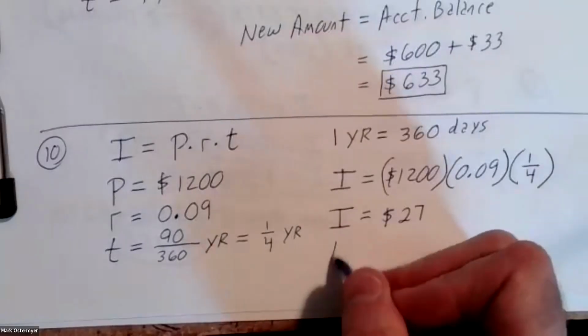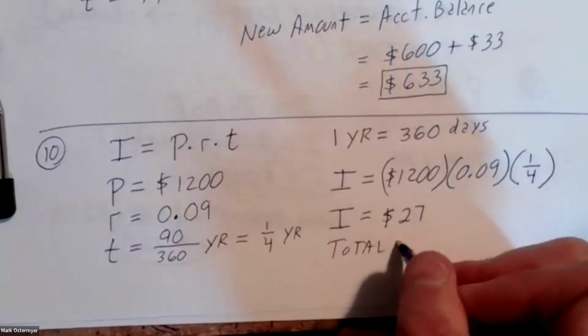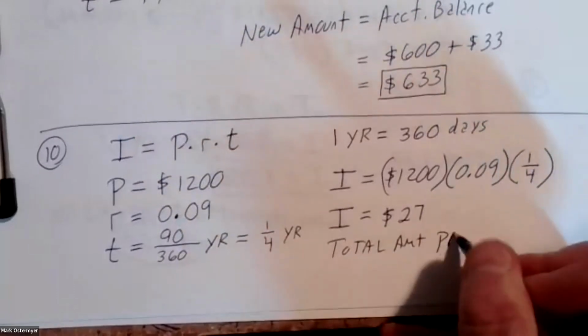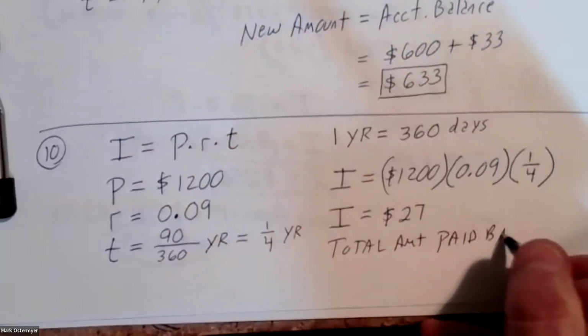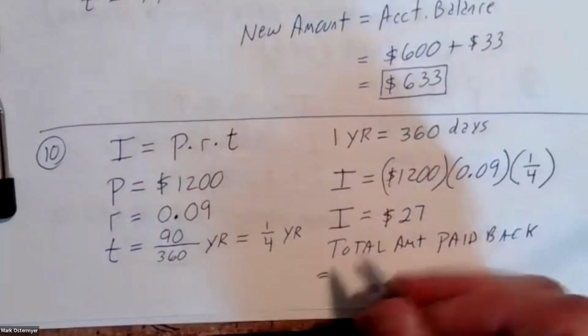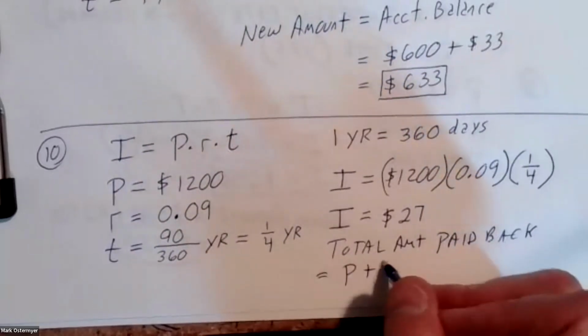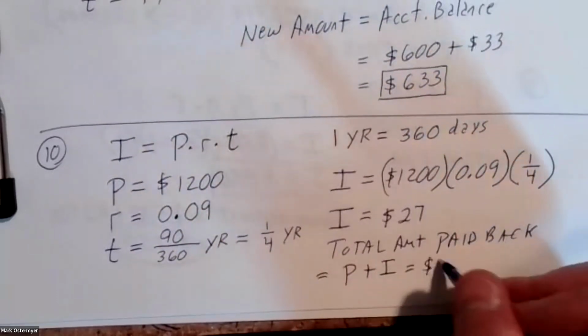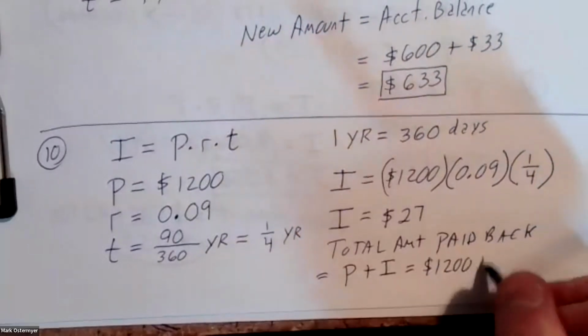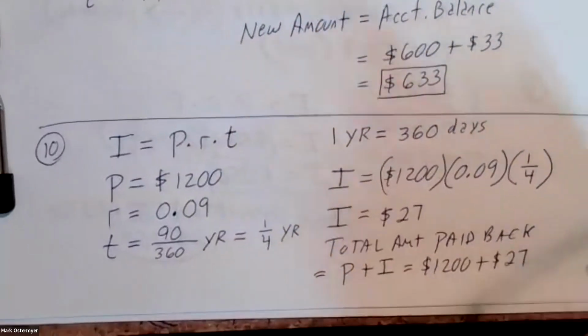And so what is the total amount we're going to pay back? Well, that's going to be the principal, plus the interest. The principal is the $1,200 we have to pay back, plus we owe an extra $27 of interest.